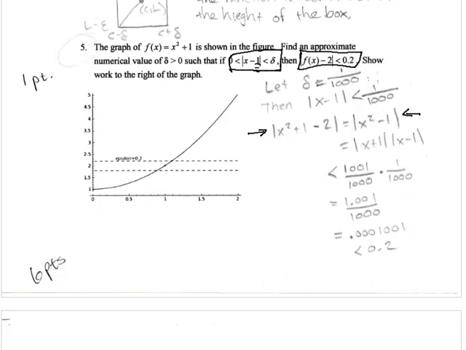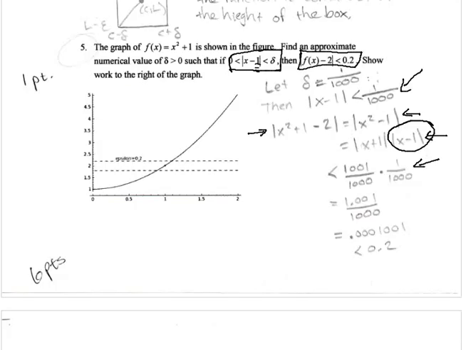We simplify it a little bit and we get the absolute value of x squared minus 1, which is the same thing as the absolute value of x plus 1 times the absolute value of x minus 1. So this quantity has to be less than 1 over 1,000, right? That's true, and we throw that in.